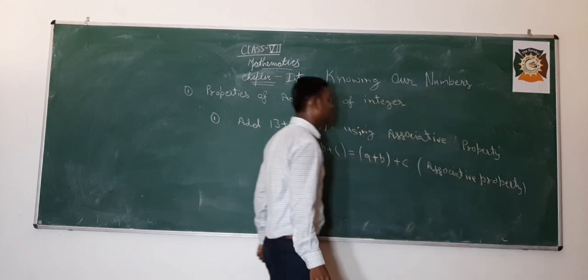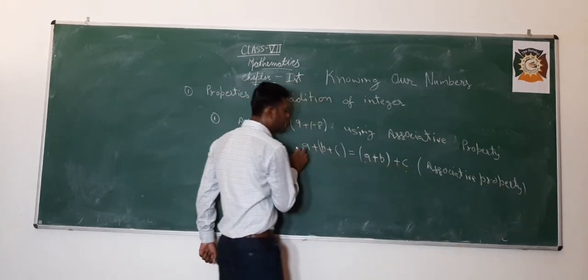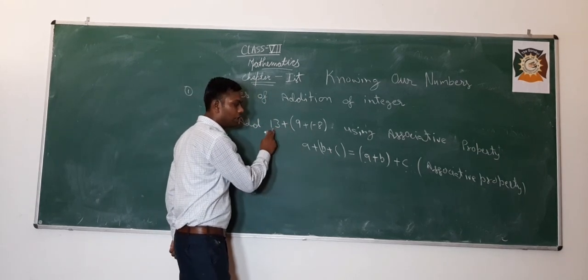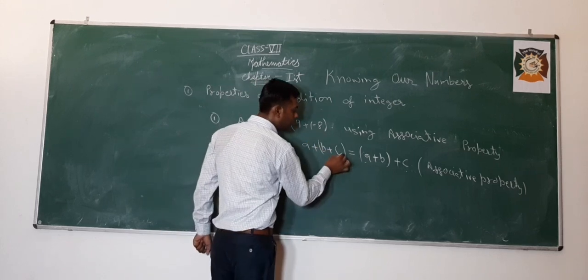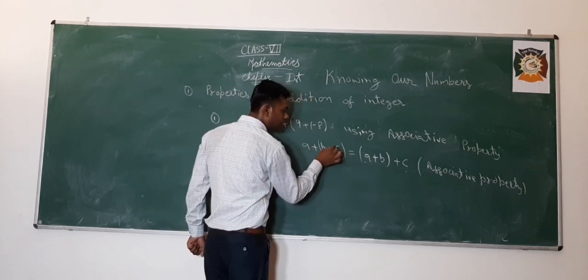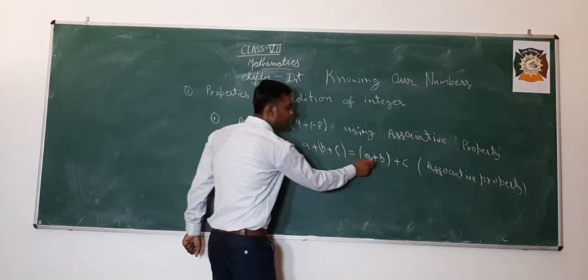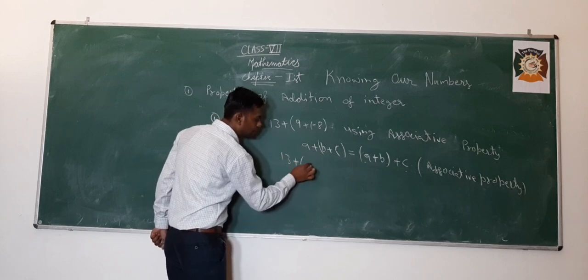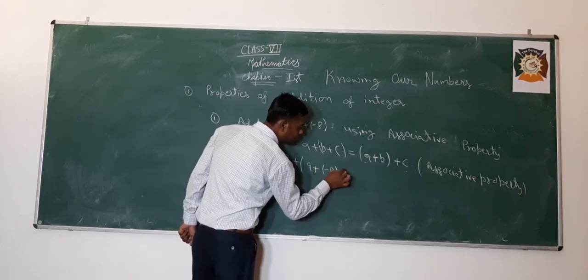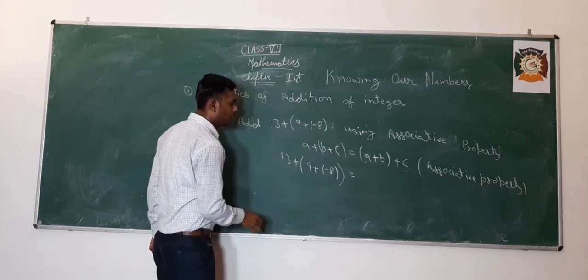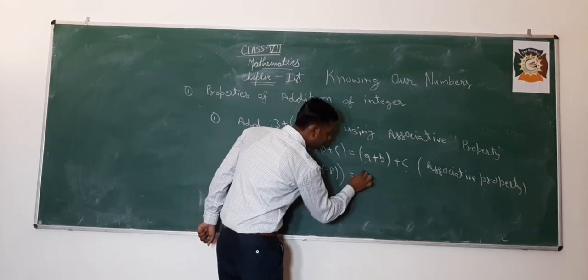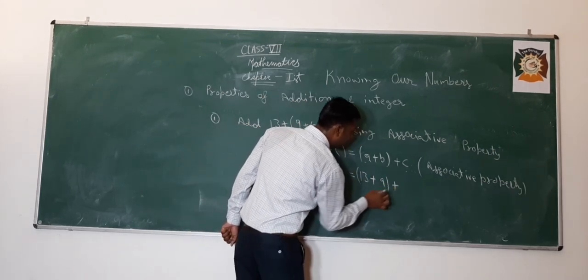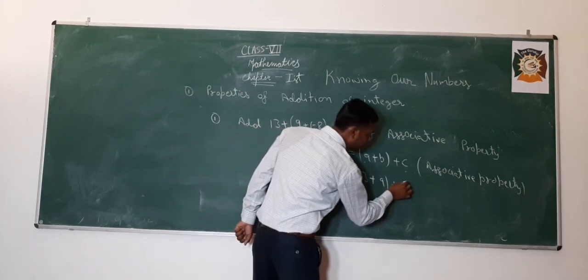If a, b and c are three integers, then a plus b plus c equals a plus b plus c with the grouping changed. Here a equals 13, b equals 9 and c equals minus 8. Change the order: 13 plus 9 plus minus 8.